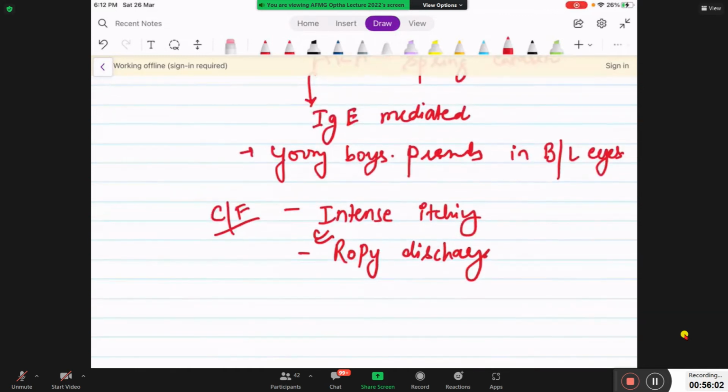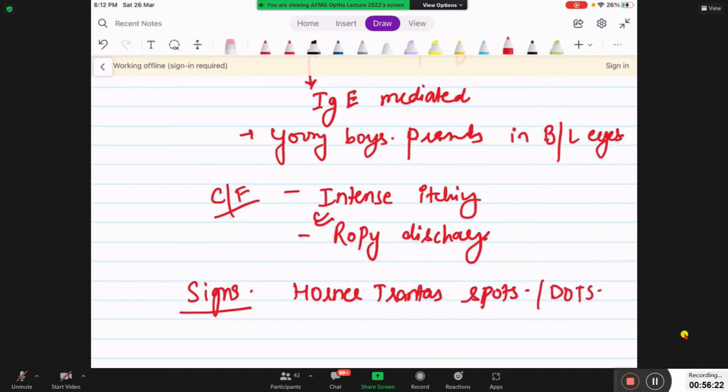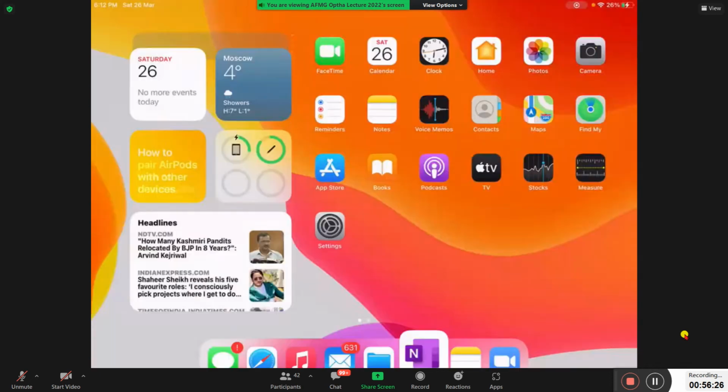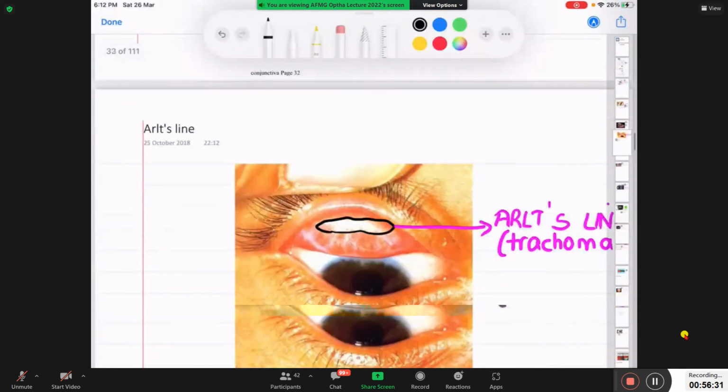Now talking about signs of VKC. The first important sign is Horner-Trantas spots, or dots. This is the picture of Horner-Trantas spots.